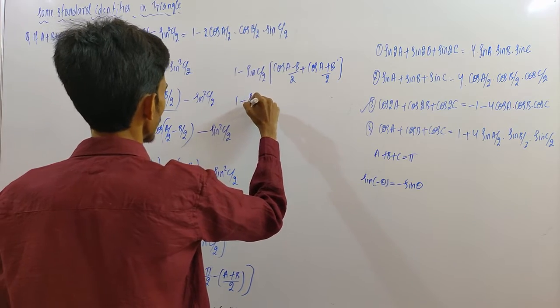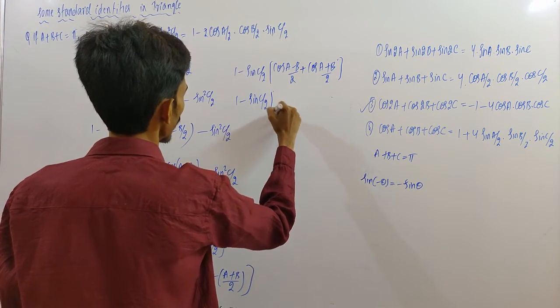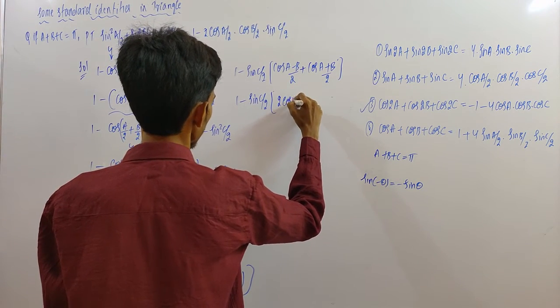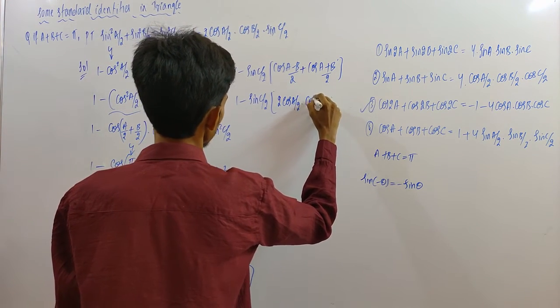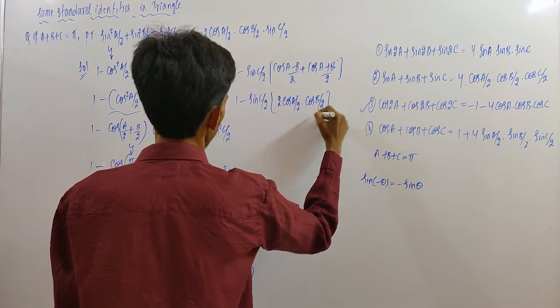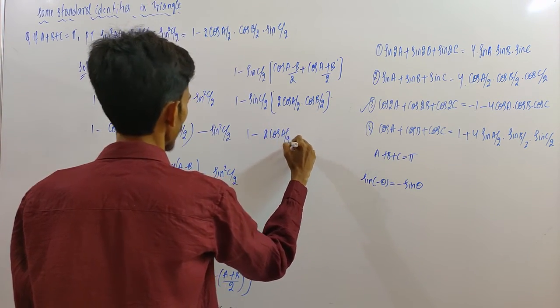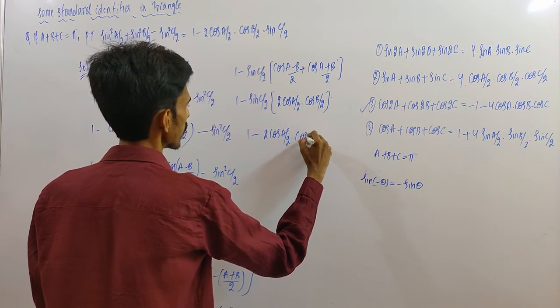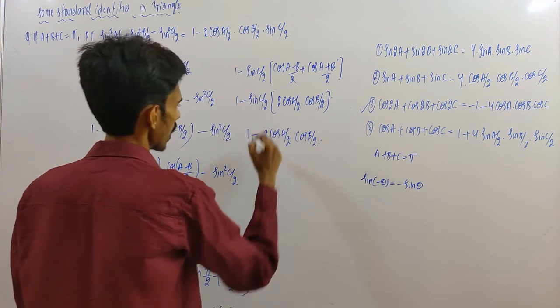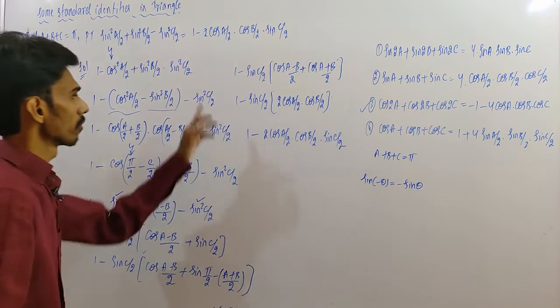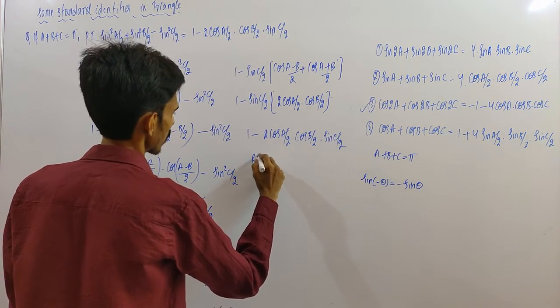This will become 1 minus sin C by 2 [cos (A minus B) plus cos (A plus B)], value is 2 cos A cos B. So it will become 1 minus 2 cos A by 2 cos B by 2, last one is sin C by 2. We got RHS.